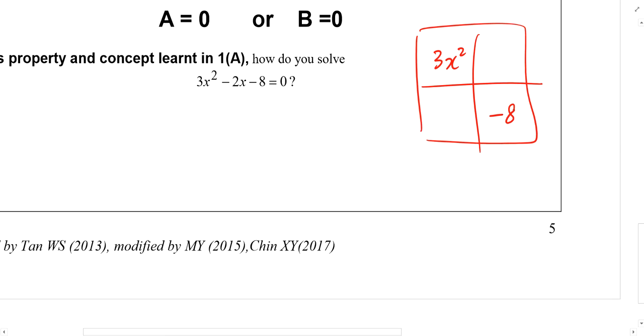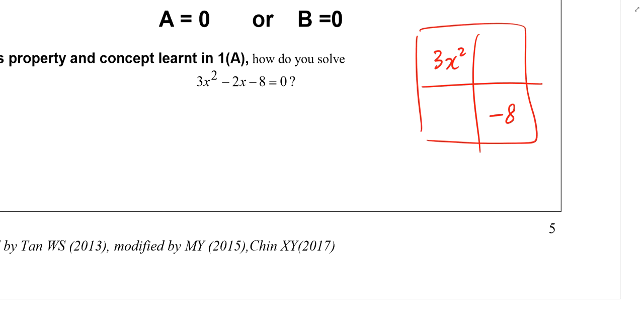Negative 8 here, is it? Okay, then? What do I write over here? Did you fill out this box? I haven't yet.